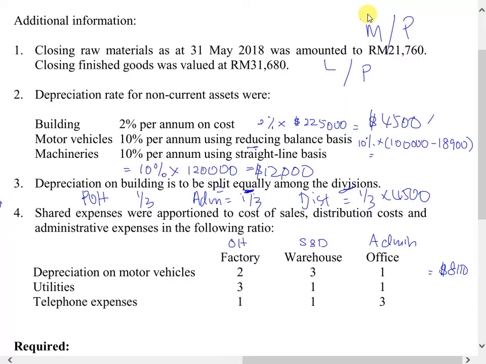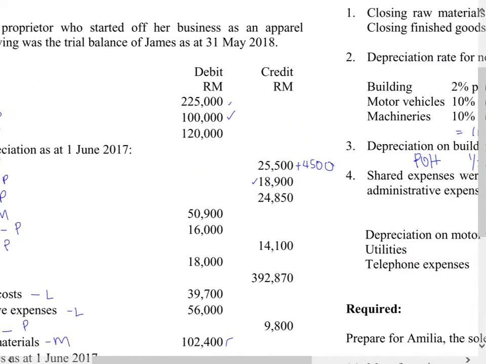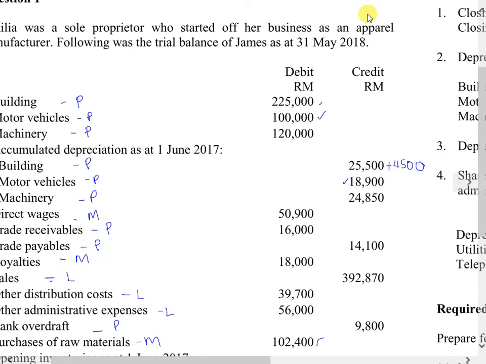My depreciation will be 8,110. Depreciation charge for the year 8,110. So put it here. This year I'm going to charge 8,110 depreciation. Add to your accumulated depreciation.